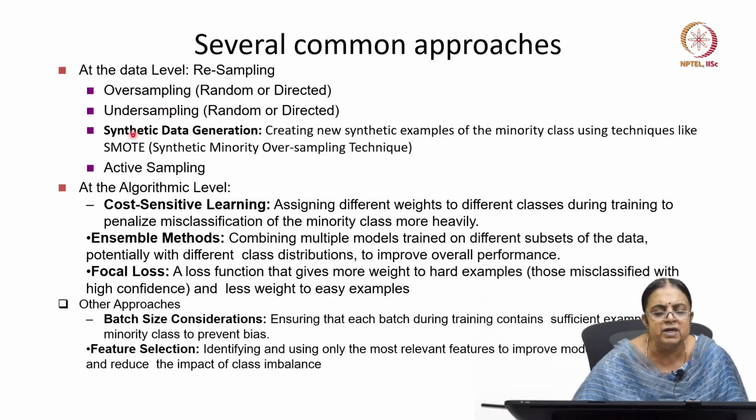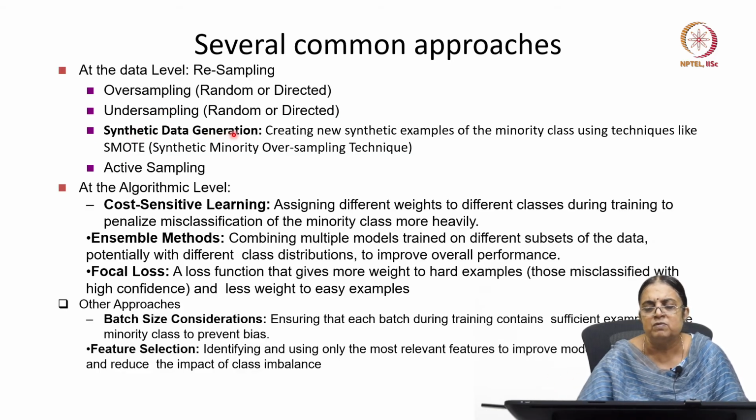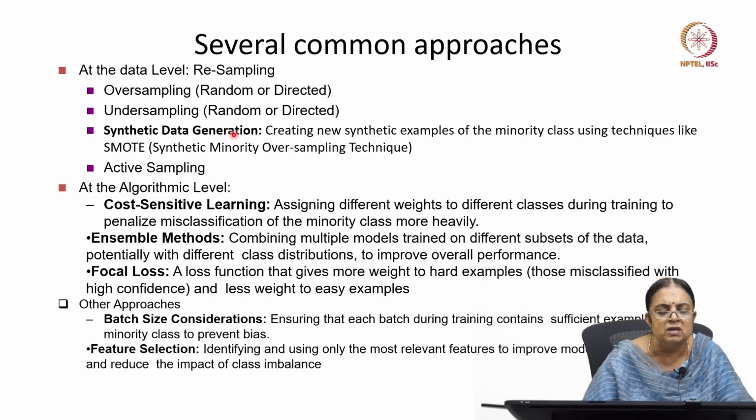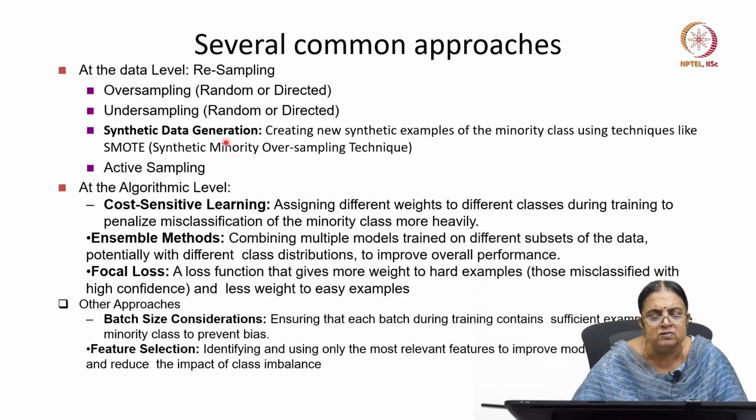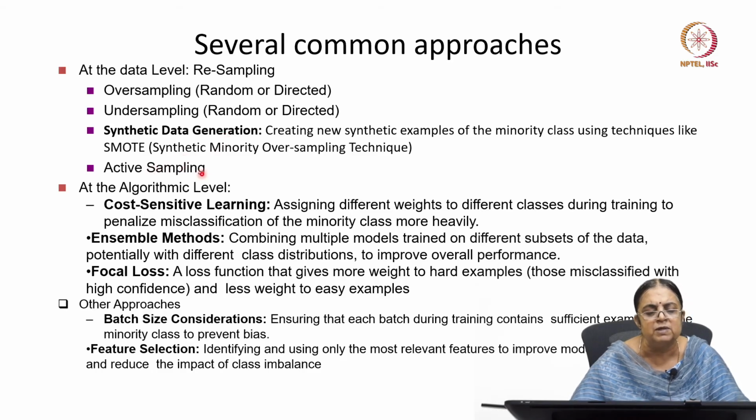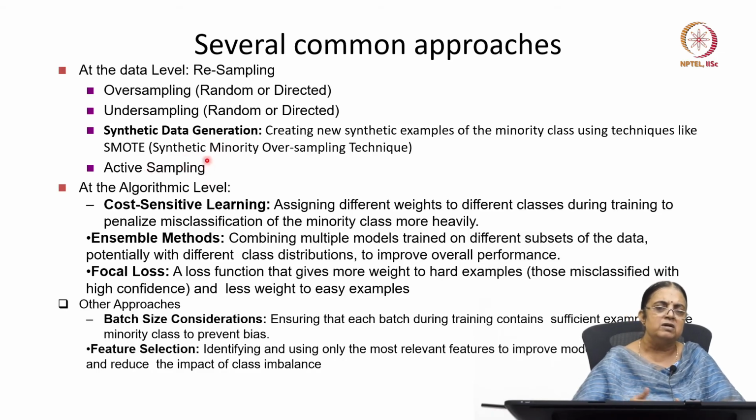Otherwise, you can use synthetic data generation, where you create synthetically new examples of the minority class. And active sampling is just to keep seeing how many majority and minority class samples are there online, or while you are running the algorithm, and then try to balance that. So that is at the data level.